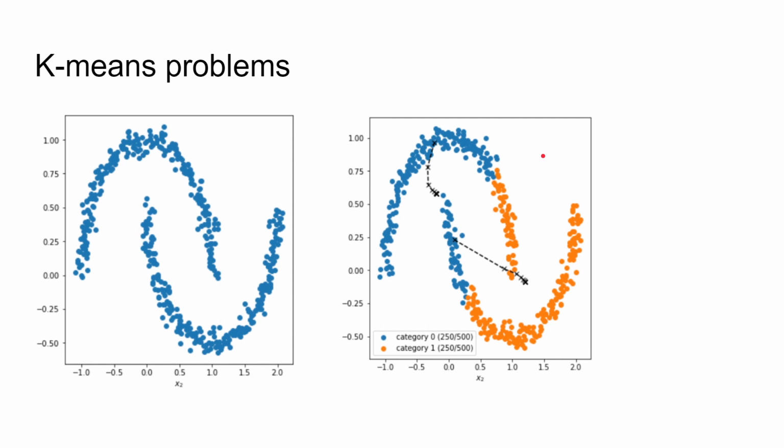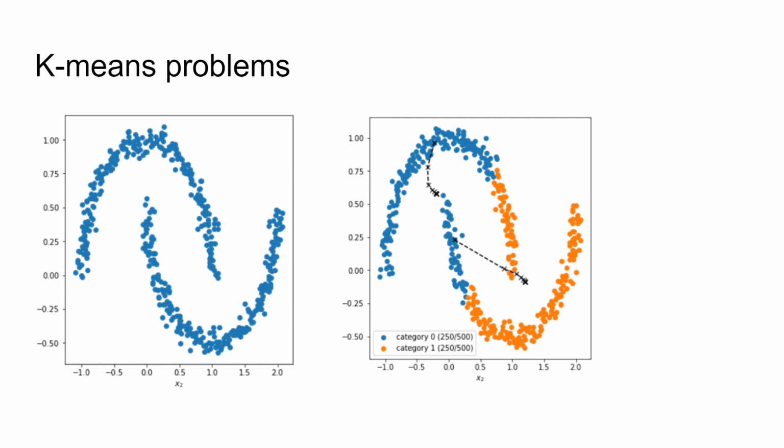Why is it doing that? It has to do with this algorithm. This algorithm is assuming that there's a point, and all of the items in this category are in that category in virtue of having some distance to that point. That just seems clearly wrong for this sort of data.